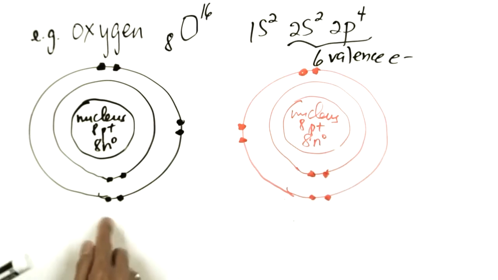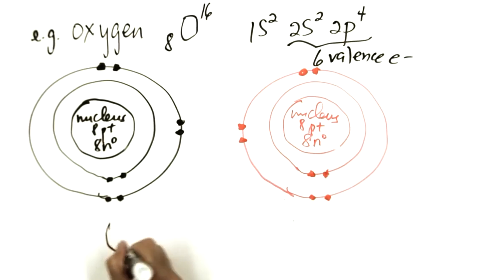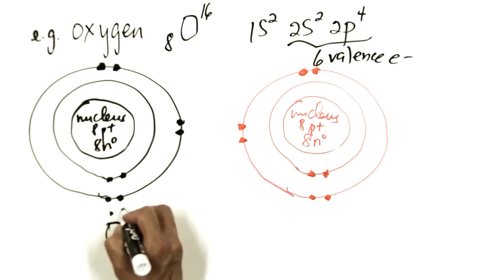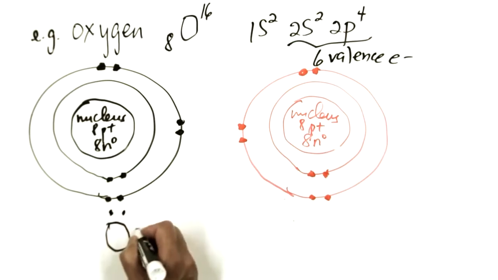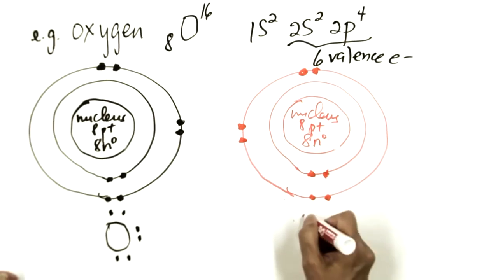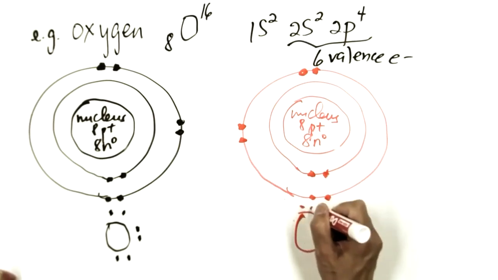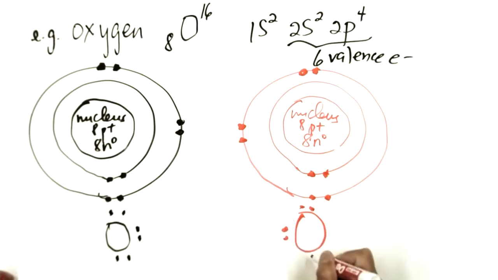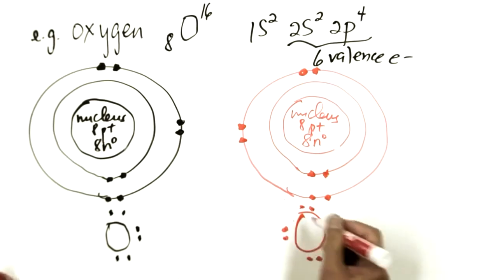Now, remember, we can redraw this oxygen atom as O, and then it has the 6 electrons here. And we can redraw this oxygen atom also with its 6 electrons here. So what does the symbol of the element represent?